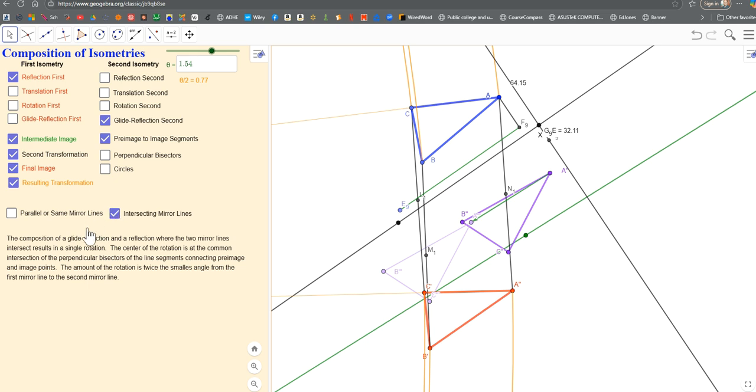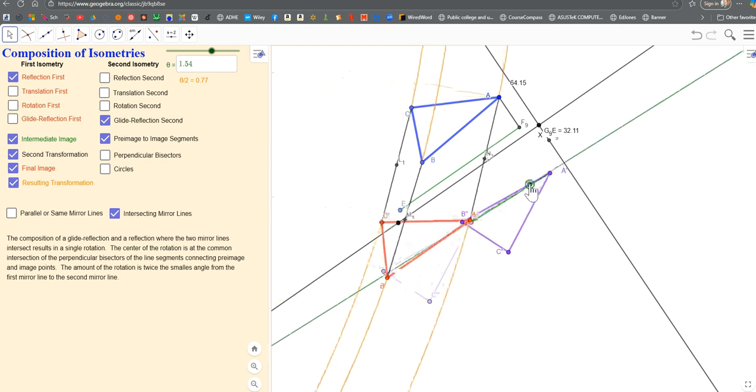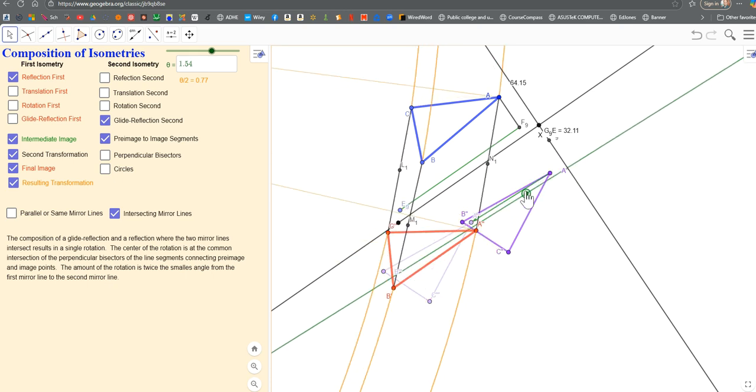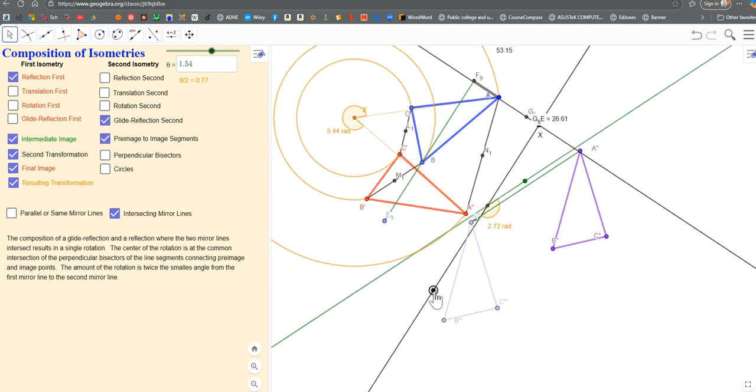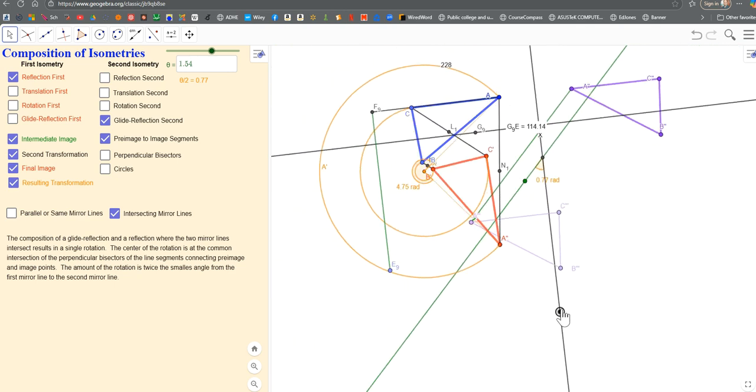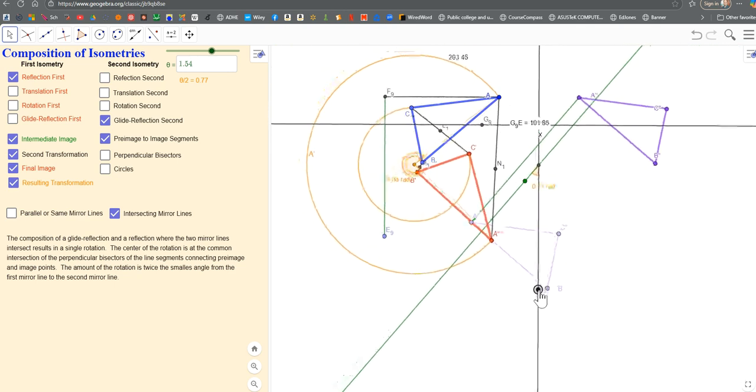Okay, what if the mirror lines are intersecting? Okay, so this one is a little easier to see if I move this around.